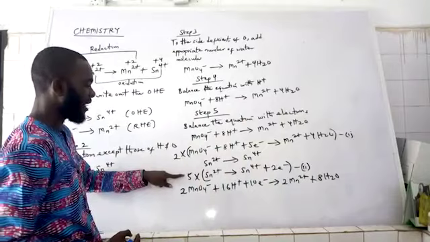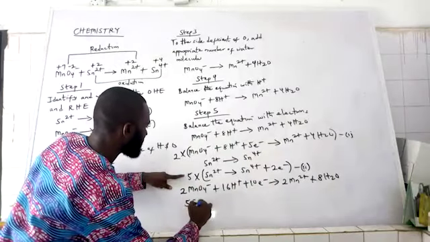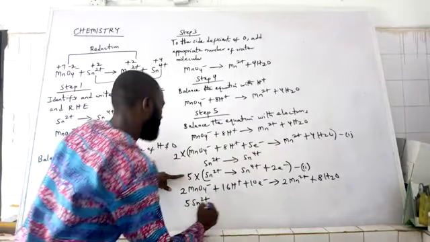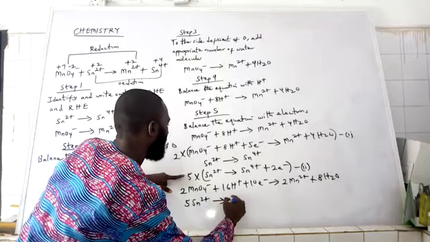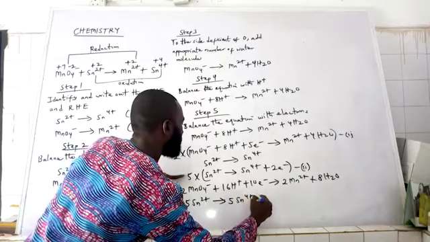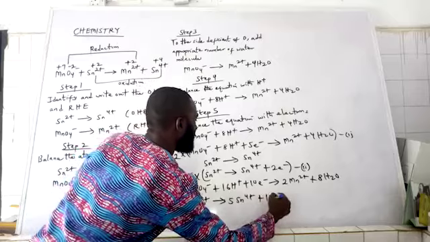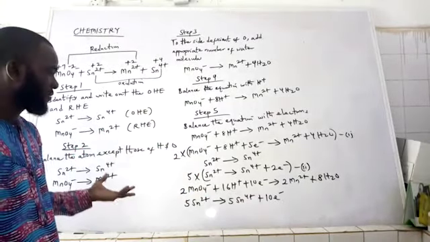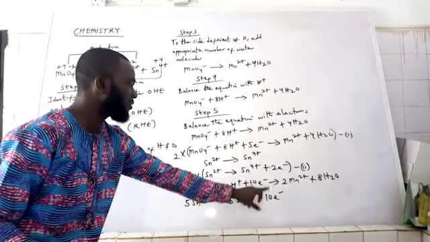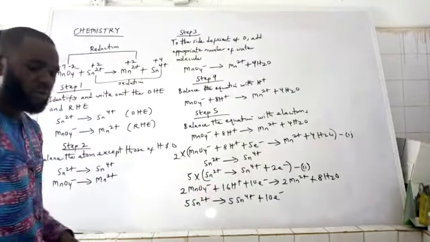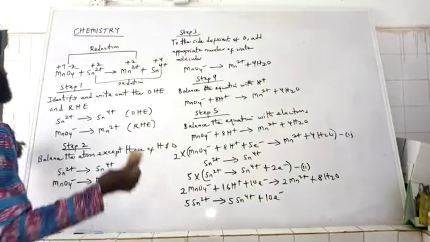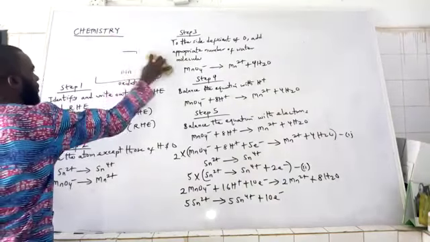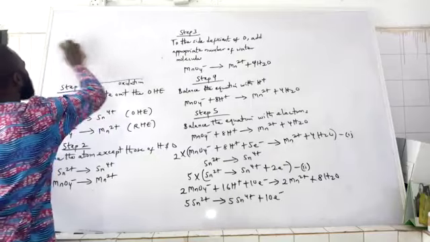Then if I come here, I have 5 Sn2 plus going to 5 Sn4 plus 10e minus. Wow, I have it. 10e minus, 10e minus. So I'm going to go to my final step, which is step 6.